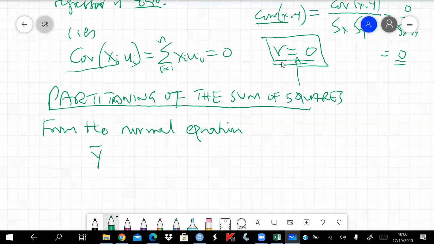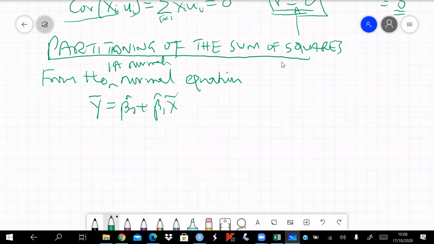From the first normal equation, we can make y bar the subject of the formula, and you observe that y bar is equal to beta0 estimate plus beta1 estimate times x bar. We can have it like that.